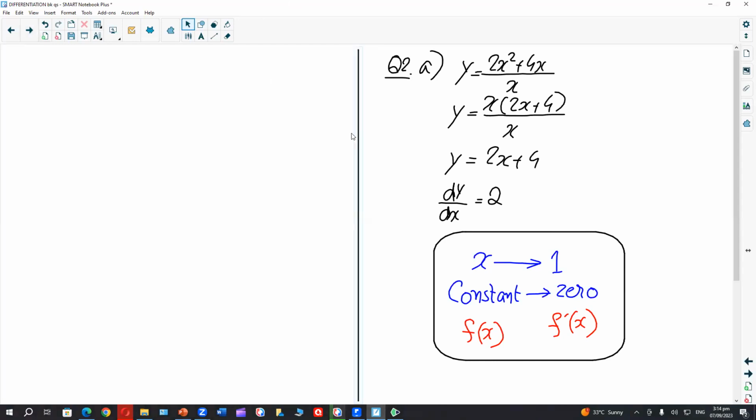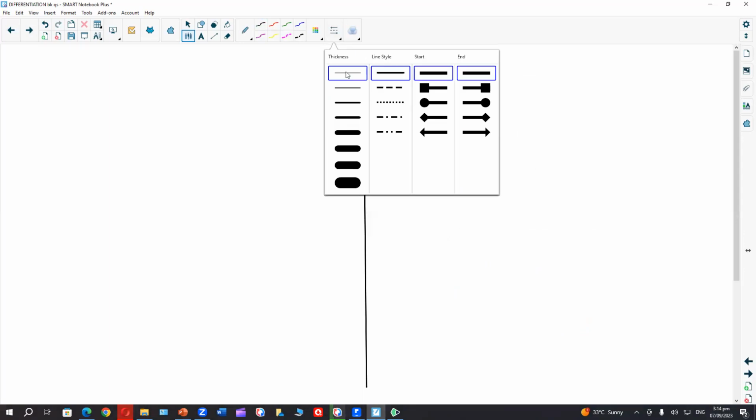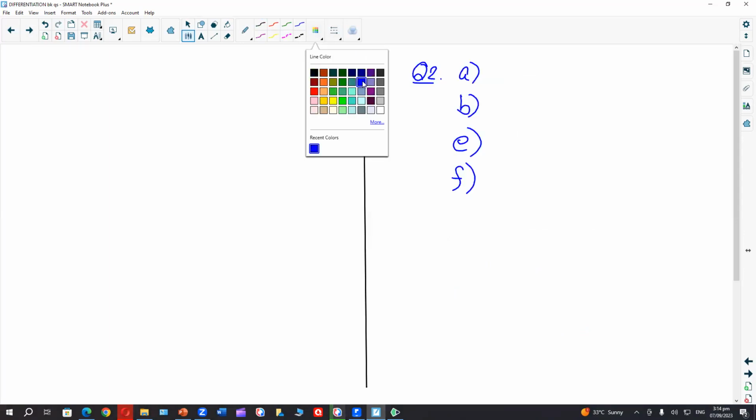So please give a reference. First, give a reference: Exercise 15.1, ADMAS book, and question number 2A. Then copy this working. So x in the denominator cannot be differentiated directly. You cannot differentiate a denominator directly in P1.